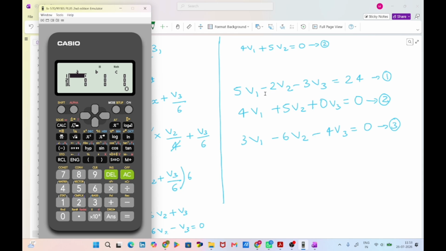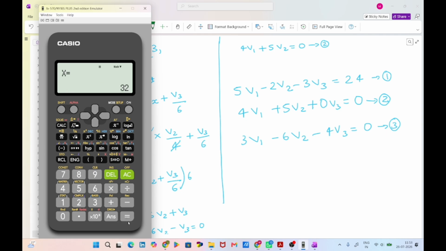Here 5 equals, minus 2 equals, minus 3 equals, 24 equals, and then 4, 5, 0, and then 0. And then 3, minus 6, minus 4, and then 0. Then click on equals.